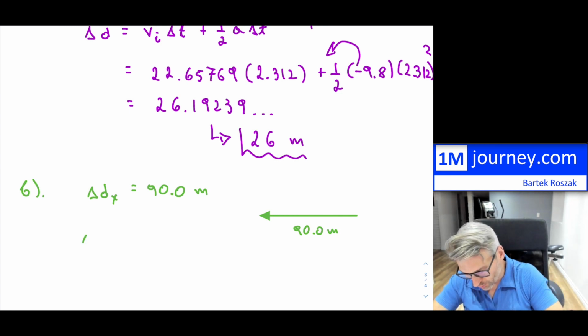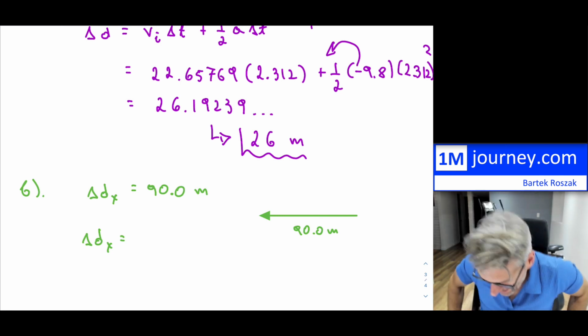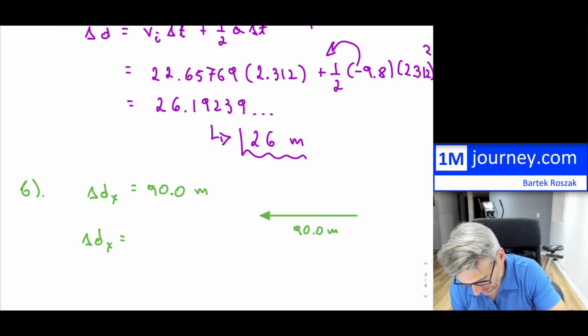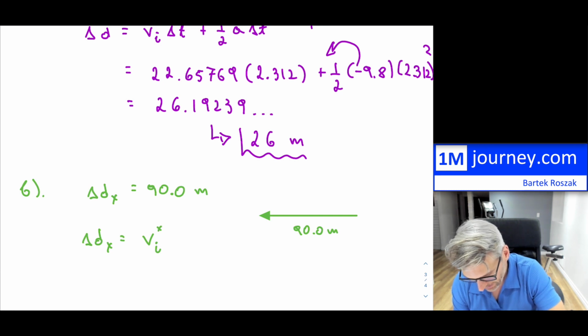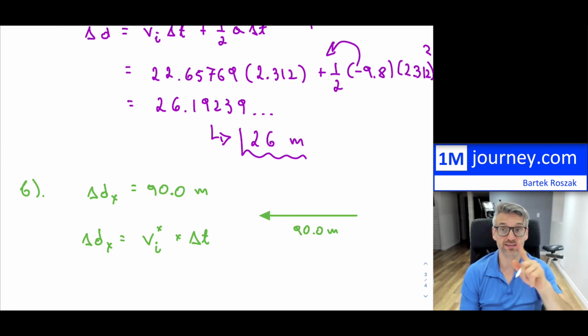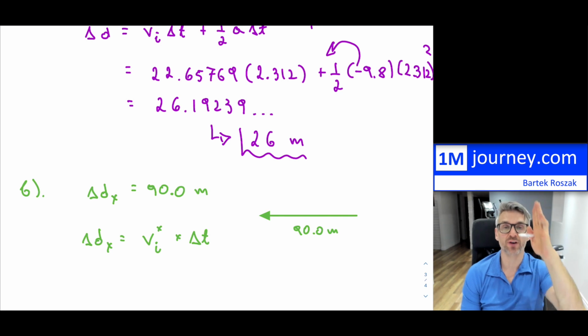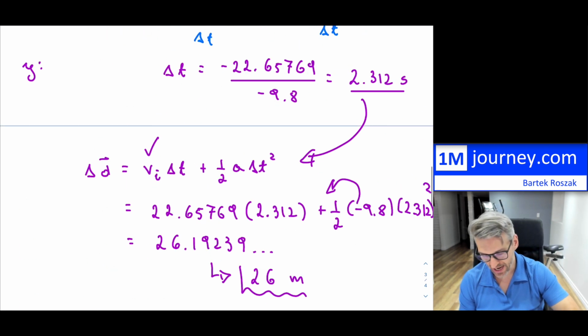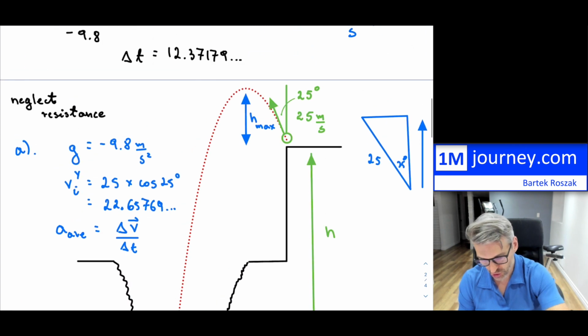Now, what I need is that 90 meters is the velocity that I have. Now this velocity, the initial velocity of the x, is multiplied by now delta t, for the duration of the entire path. So this delta t is not the same as the delta t we found for the maximum height, because now we're not just traveling to the top, right?